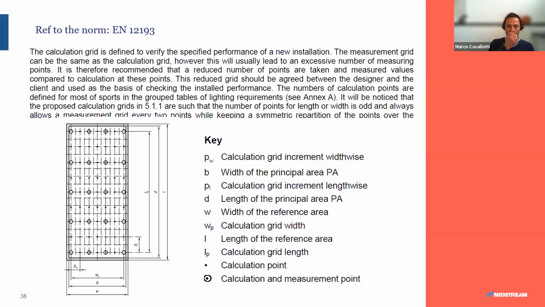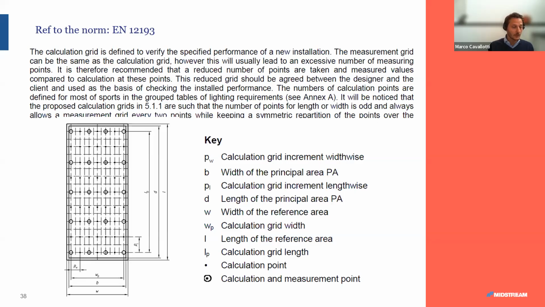One of the reasons is also the time which is needed to do the light checks and take the readings. Because in real life, half of the points are considered more than enough to verify the compliance with the design. So basically, this is the only scheme which is shown in every normal regulation.